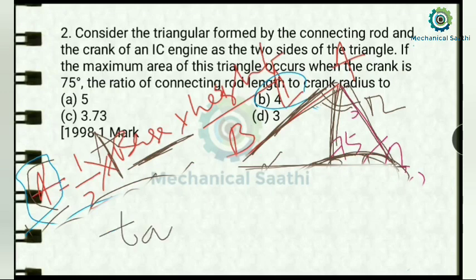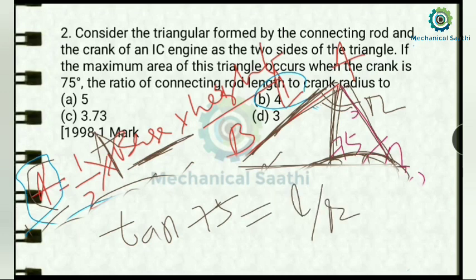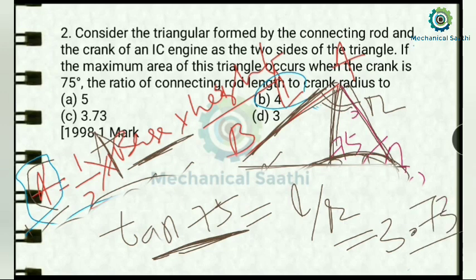So tan 75 will be equal to L by R, and tan 75 we can calculate as 3.73. So 3.73 is our answer, so we can say option C is the correct one.